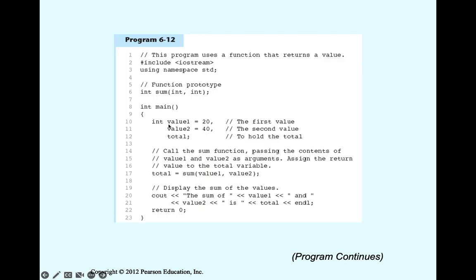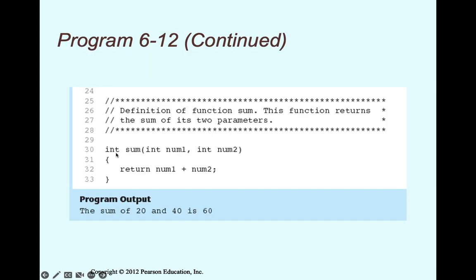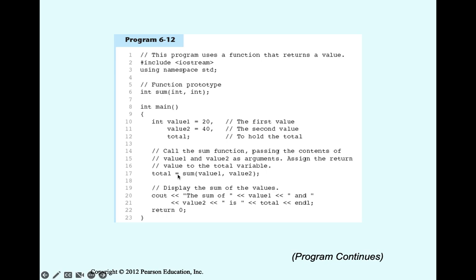So in this example, we will make a function. This is the function prototype. It's sum. It takes two integers and it returns an integer. Let's look at this function. It takes two integers and returns num1 plus num2. Let's go back to the code. We call this function here.